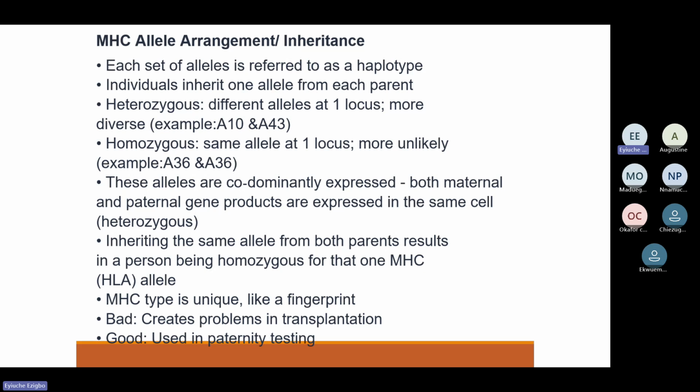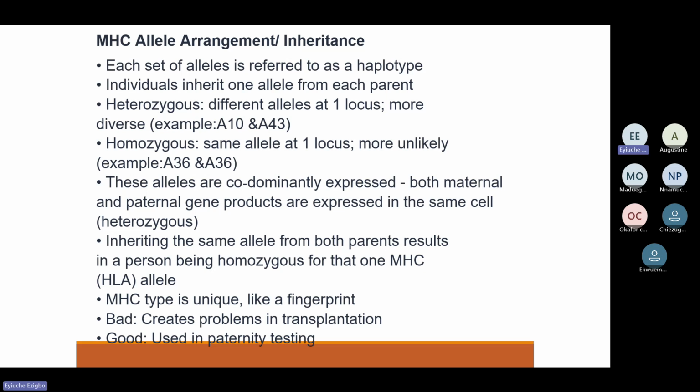Like fingerprints, getting two people with the same one is not easy. So this creates problems in finding an organ match for someone, because of the highly polymorphic nature of the MHC complex.